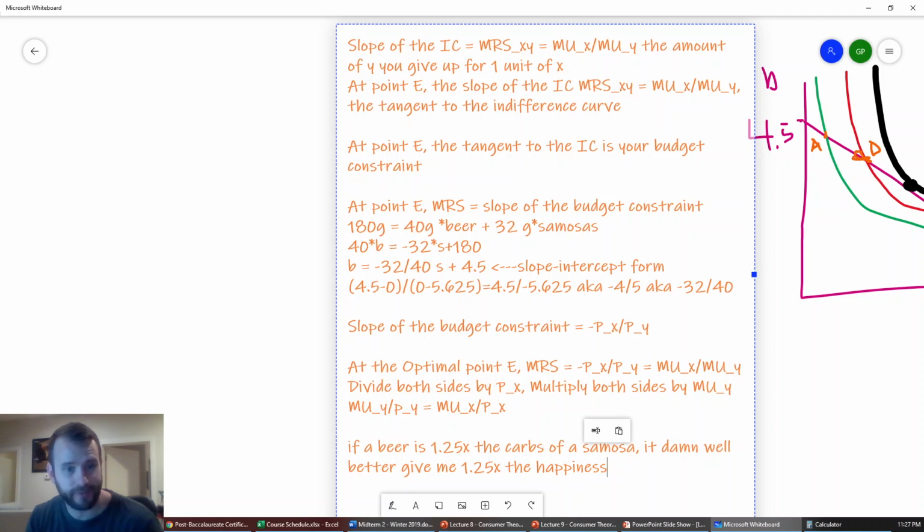I want the same bang for buck that I get from a carb of beer as I do from a carb of samosa, right? For every carb, basically, I want to equalize the amount of happiness per carb.